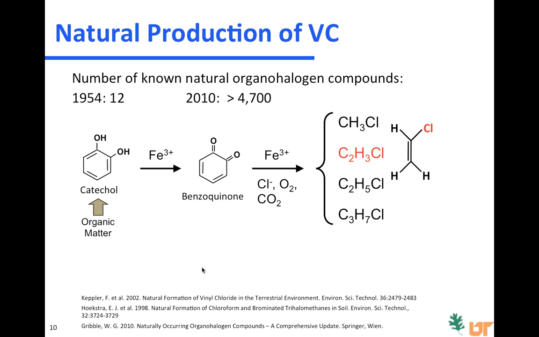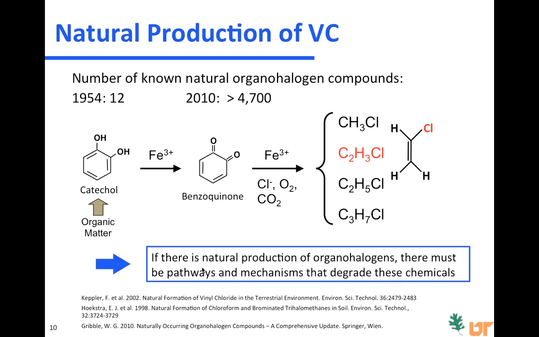Now, of course, the concentrations of vinyl chloride generated in this process are very low, so they cannot explain contamination. But the point is that when you have natural processes occurring for a very long time, it means that there must be pathways and mechanisms that degrade these chemicals.